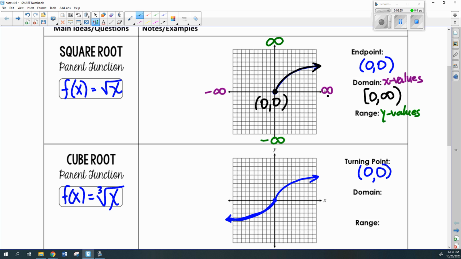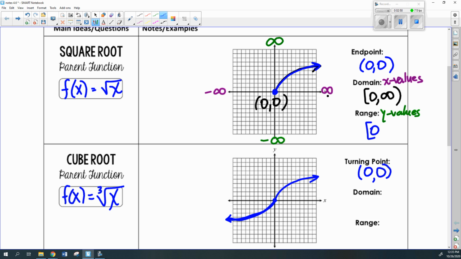Okay? Now, for the range, we work our way from bottom to top, and so the first point we get as we come up from the bottom is the end point. And so our range is also going to start at the end point, but make sure you use the y value there. And then we decide if it goes up forever or down forever.